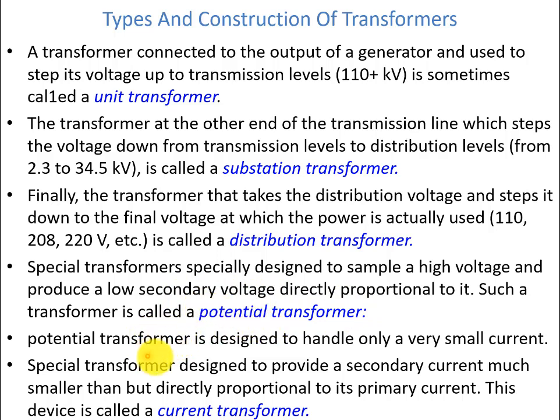Similarly, the current transformer is designed to provide a secondary current much smaller than but directly proportional to its primary current. This device is called a current transformer.